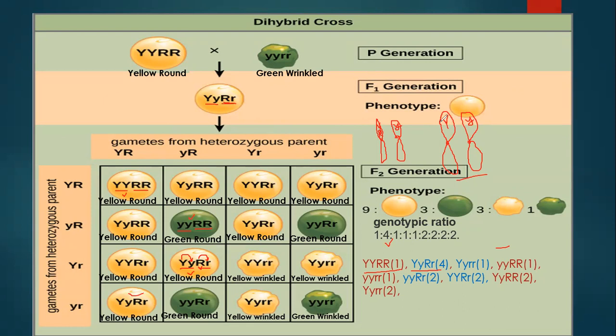Likewise, for the second trait, you will have capital R on this chromosome and a small r on this chromosome. So first pairing takes place, and for the formation of gametes, what will happen?